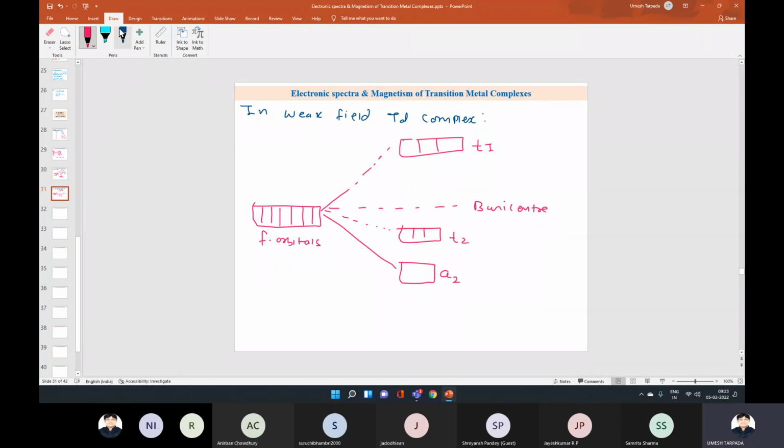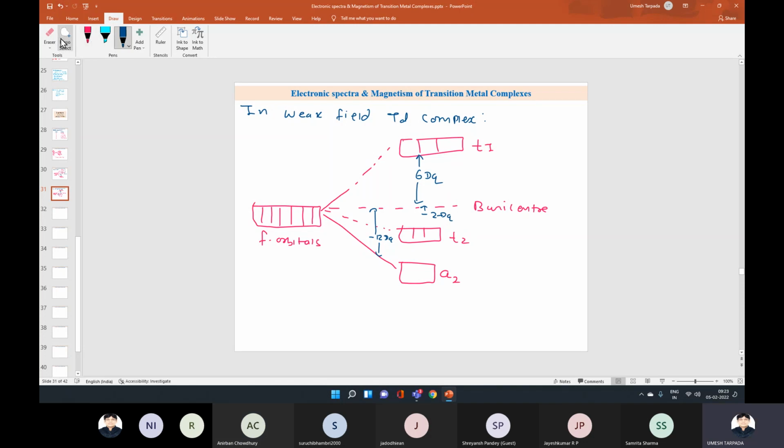So what is the energy over here? It increases by how many dq? This is increased by 6 dq, so 6 into 3, that is 18. And the energy of A2 decreases by minus 12 dq, and T2 decreases by minus 2 dq.